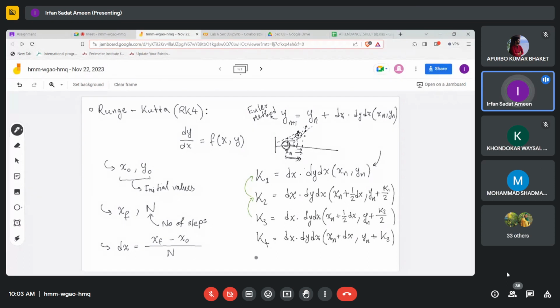Okay, so after all of this is done, you can now finally update the value of y. Okay, so value of y কিভাবে update করব? So yn plus 1 will be equal to same yn plus, this should be the average of all the k's, right?